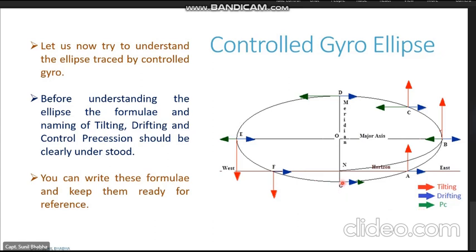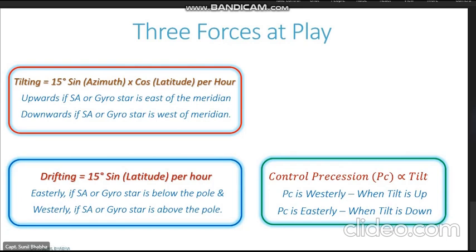Before we analyze and understand this ellipse in detail, it will be very helpful if we have the formulas for tilting, drifting, and control precession refreshed in our mind. It will be better if you have those formulas in front of you, and you can have a look at them while you are understanding. Let me also revise these formulas once again.